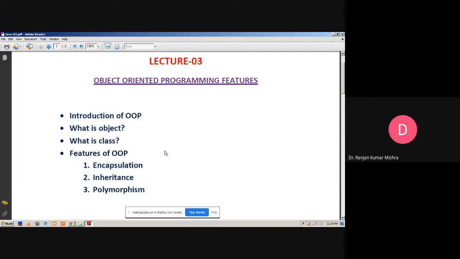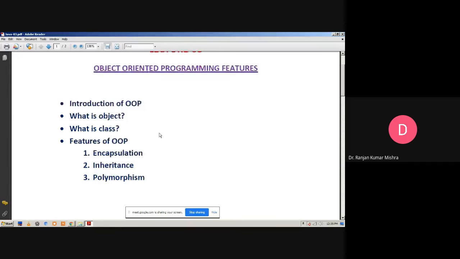Okay, now we discuss the different features of object-oriented programming. Basically, when we discuss the object-oriented concept, encapsulation, inheritance, and polymorphism are the three most important features of object-oriented programming. So first we see encapsulation.